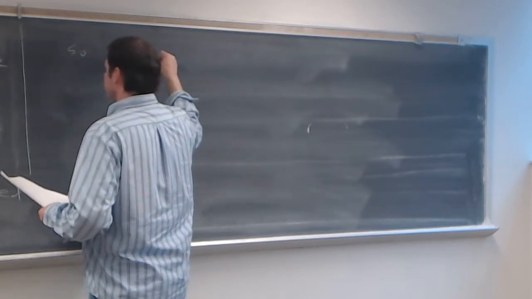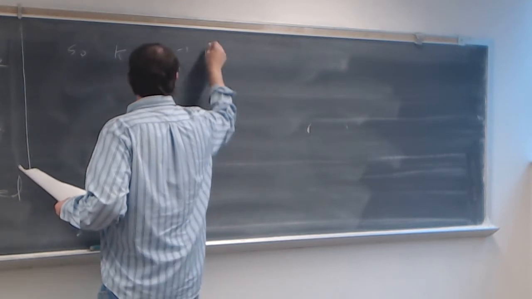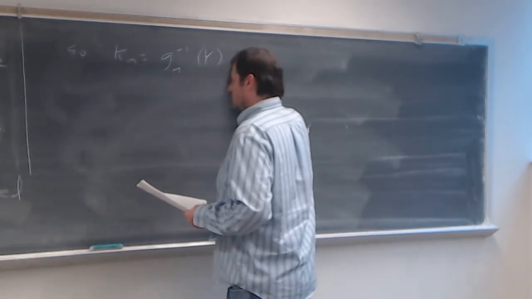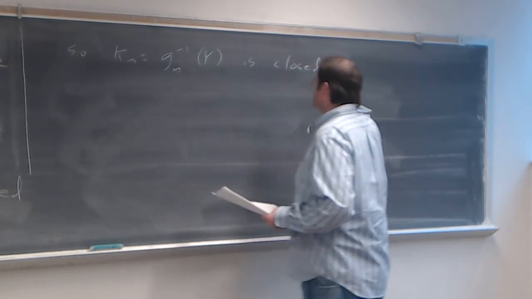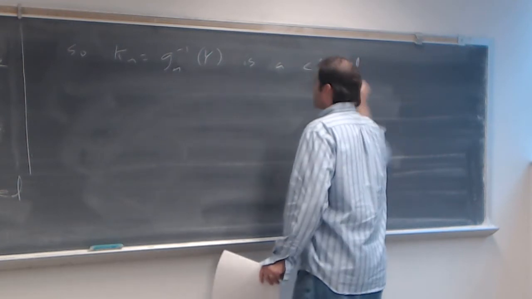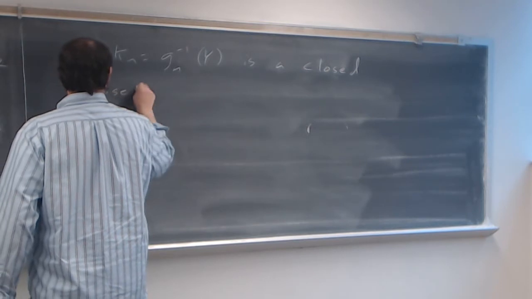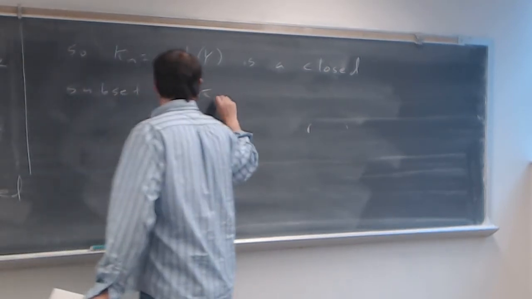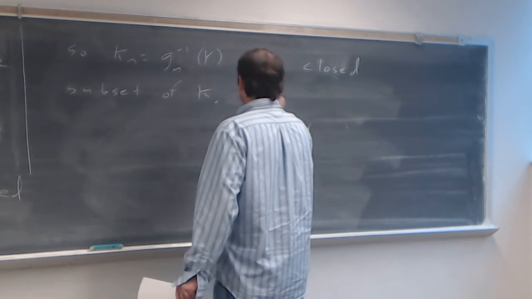So K sub n, which equals this inverse image of y, is closed. I'll say this is a closed subset of K, a compact set.